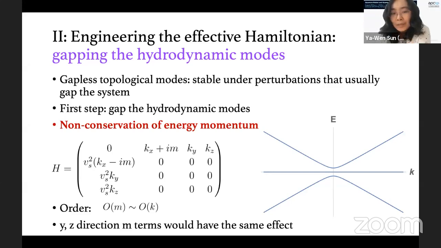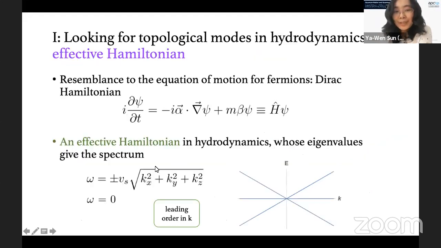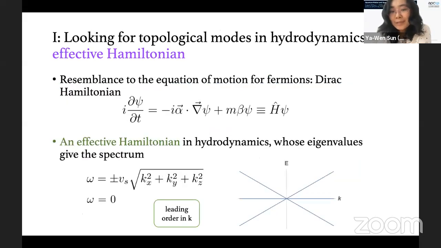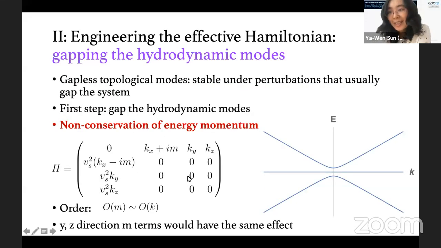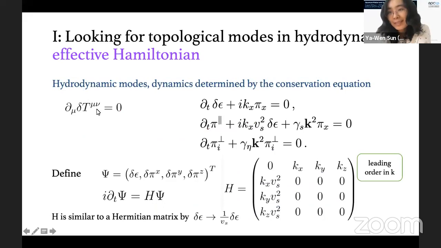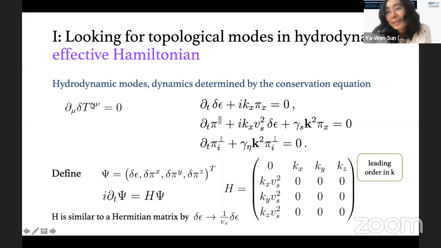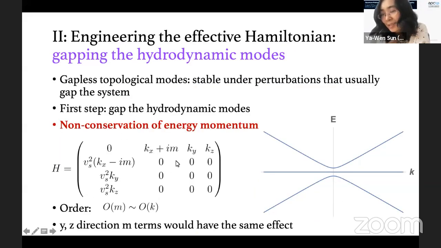So indeed, we cannot go back from the form of H, because this form of H is determined from both the conservation and the constitutive equations. We first try to find this H, and then we deform this to get this H. We didn't find this non-conservation by going directly back from the form of H, but we modify this to find the form that is the same as this H.